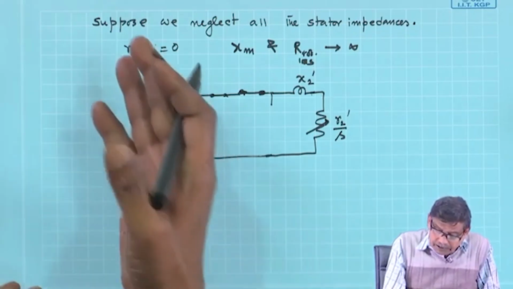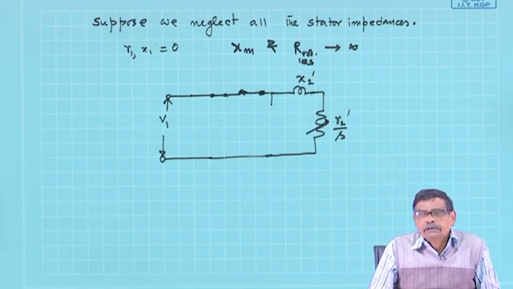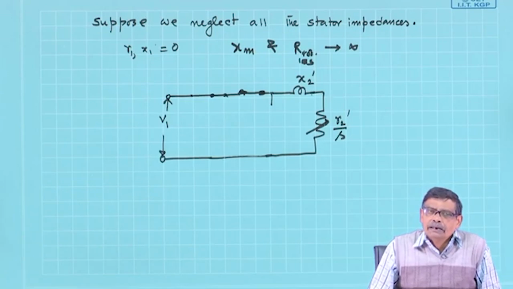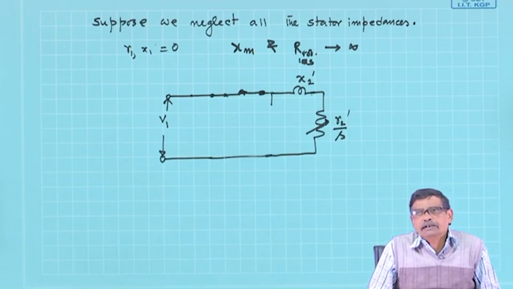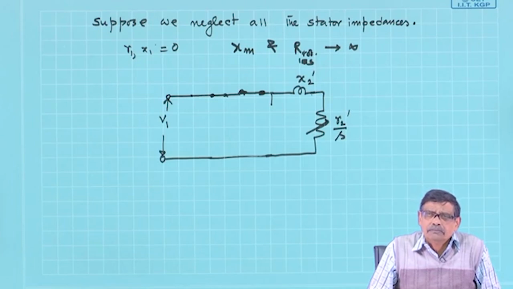Now, under this particular assumption, which people prefer sometimes to quickly get the performance idea of the induction motor: small r1 X1 will be small, you see that they are small at the design level.